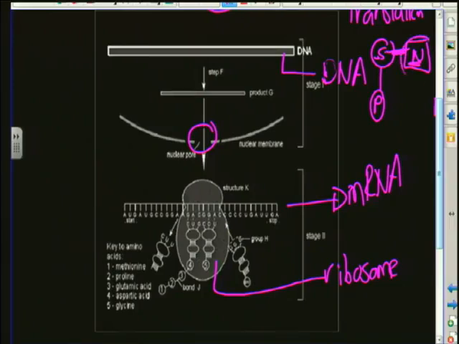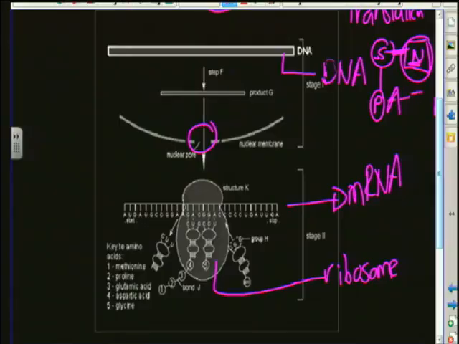Now remember, these nitrogenous bases have got partners. They always go together with their partners. The word there is complementary bases. Adenine always goes with thymine, and cytosine always goes with guanine. That is the rule for DNA.